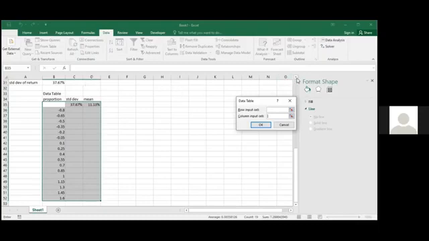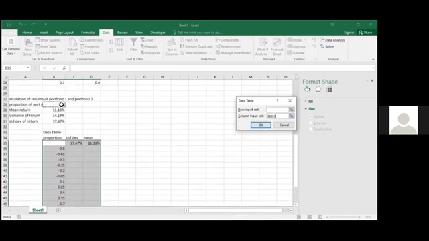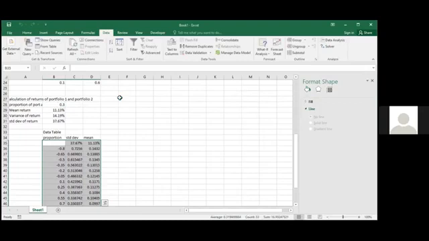So input value here referring to this B28, 30%. We get the different standard deviation and mean values.